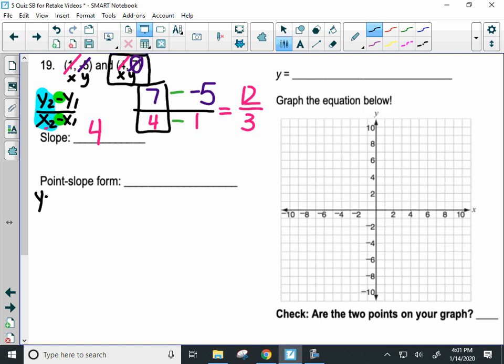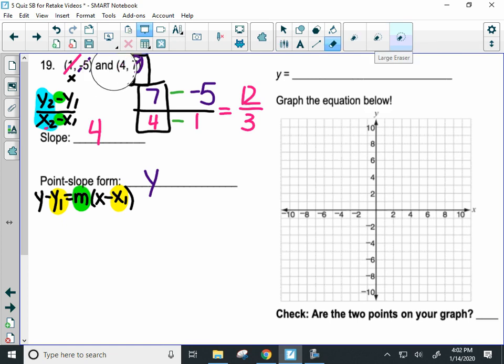Remember, point slope form is this. And we are going to replace the x and the y and the slope. I know I've said this every problem, but I want to drill it home for you. So let's start. We write the letter y. I take the opposite of my y. I'm going to use the same ordered pair that I boxed up here. 4, 7.